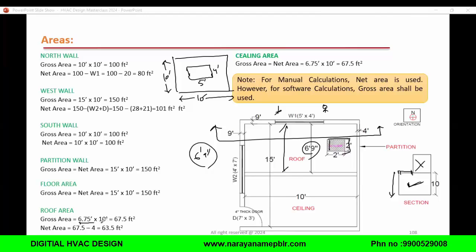So 6.75 into 10, you get this. Now, 6.75, have you got it? Here 9 inch is there. 1 foot is how many inches? 12. So 9 by 12, if you do, you'll get 0.75. So 6.75 we got here. Got it?